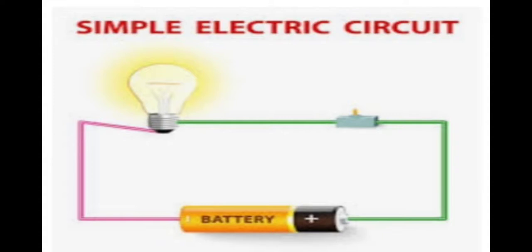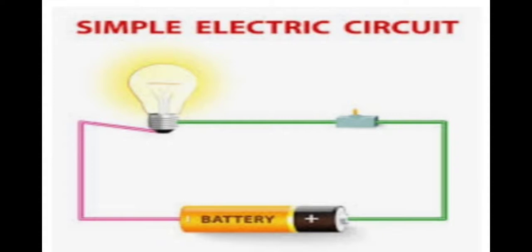The electrical energy is converted into heat energy. So a certain amount of electrical energy is converted into other forms of energy like light energy, mechanical energy, heat energy, and so on, and it depends upon the potential difference across the ends of the electrical device.